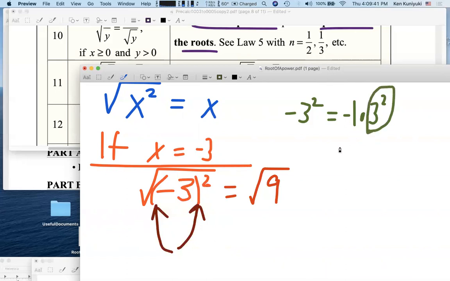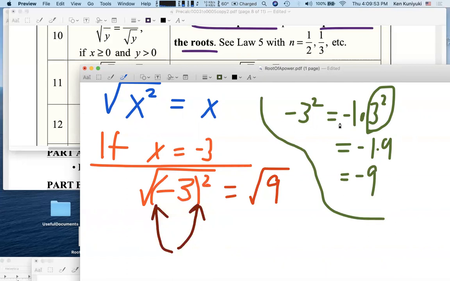It's -1 times 9. We get, in the end, -9. I get scared when I hear that engineers don't know that, okay? As this stands, the opposite of 3 squared, that's -9. With grouping symbols here, we end up with +9.